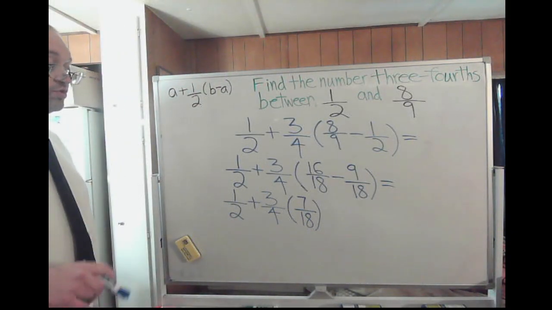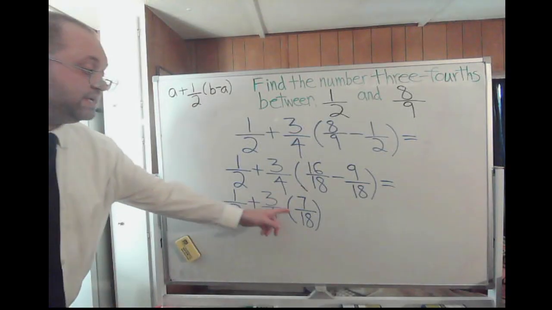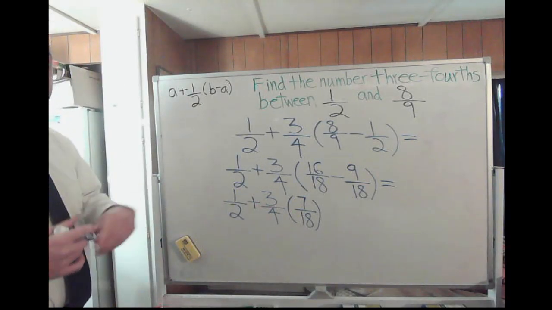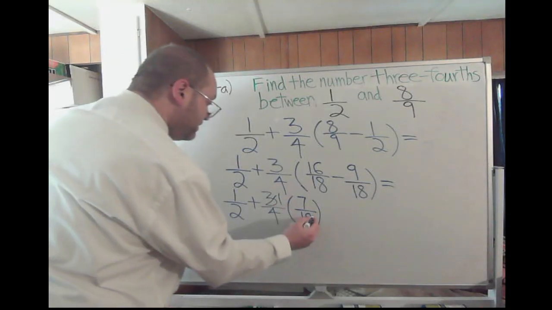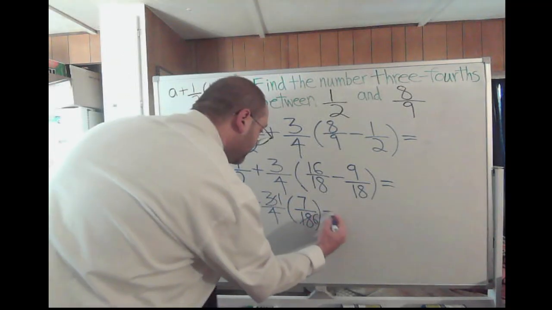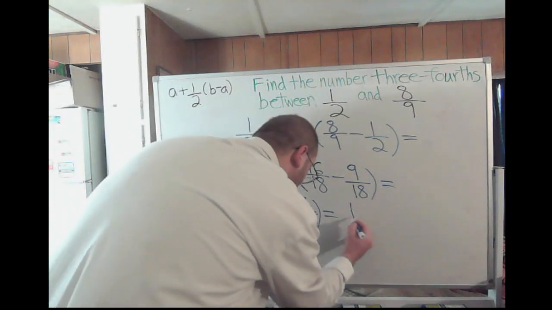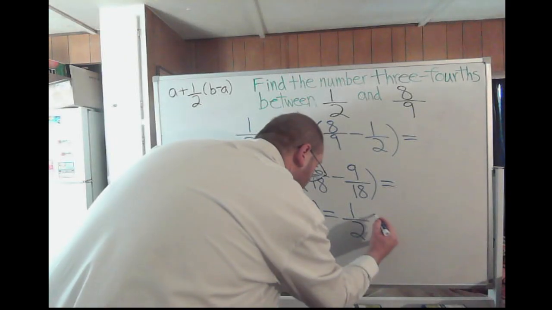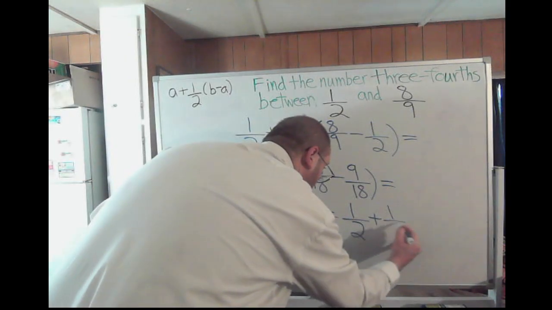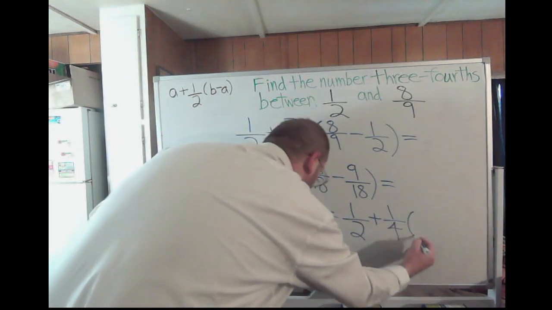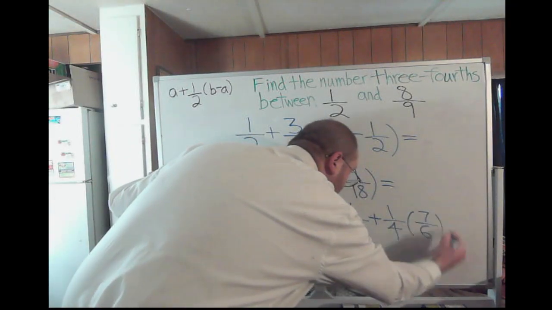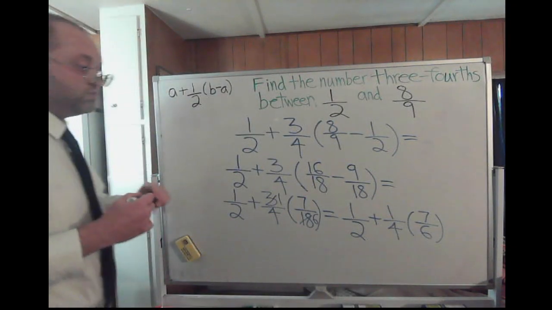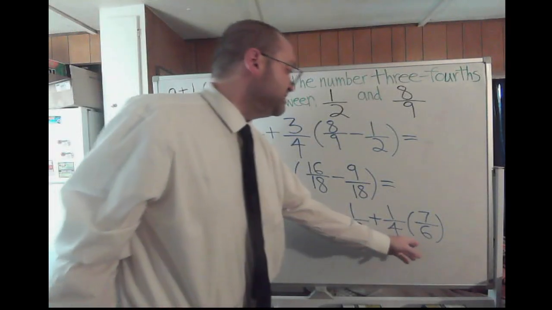Well, isn't it true that between the 3 and the 18, they both have a common factor of 3? So that'll go to 1, that'll go to 6. So what you're really going to have now is 1/2 plus 1/4 times 7/6.